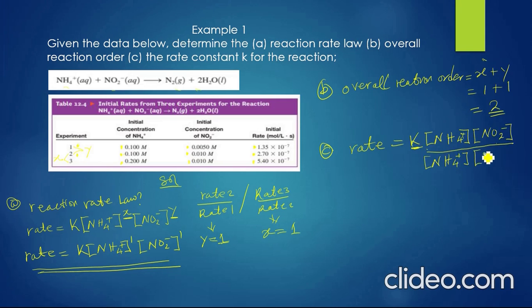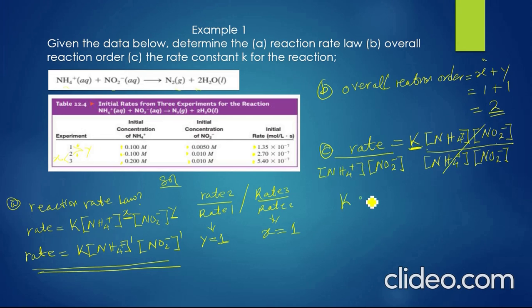Yes, then we are dividing both sides so that we can make K, the rate constant, the subject of the formula, so don't forget. So it will be like this, and then like that, then like that, and then we must cancel that.